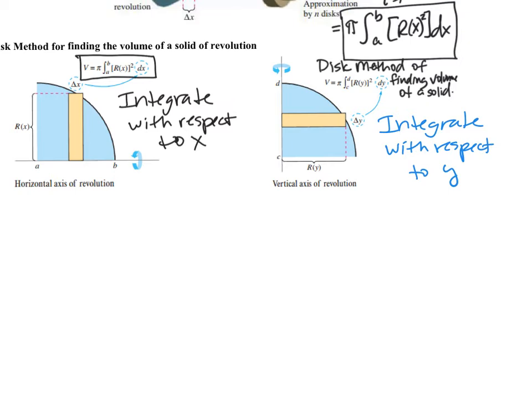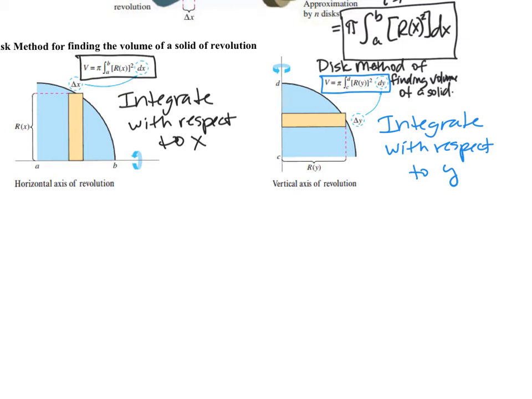So if that's the case, here's our formula. It's kind of tiny, but there's our formula to find the volume of a shape that would happen when we take a region and rotate it about a vertical axis of revolution. It would be pi times the integral from c to d.